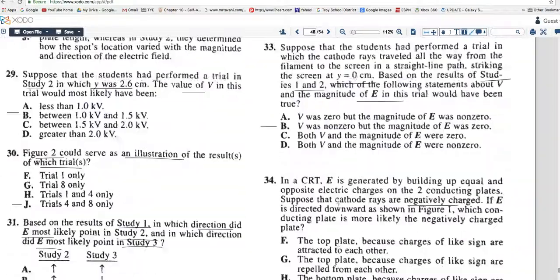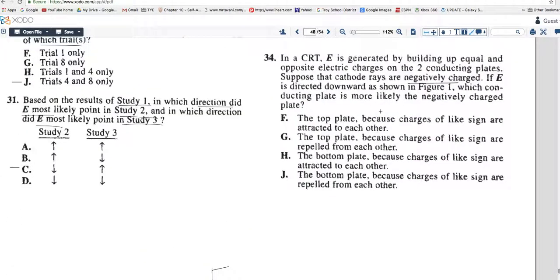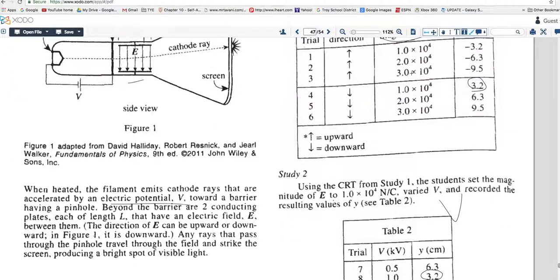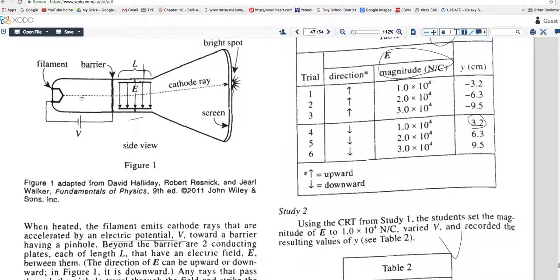The only important thing they said in this entire paragraph is that the cathode ray is negative. So if this cathode ray is negative, are they shooting out protons or electrons? Electrons, because they're negatively charged. So if these electrons pass through here and start to curve upwards, what is this saying?